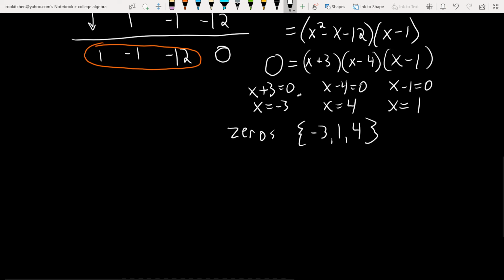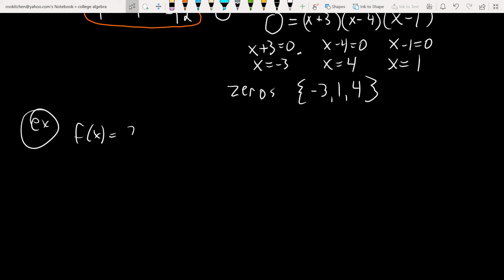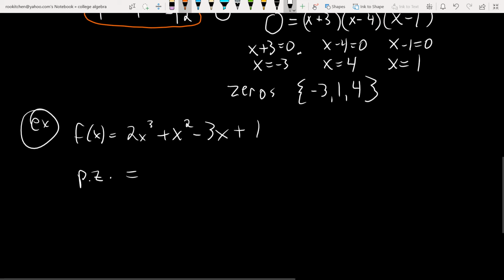Okay, let's try some more examples, or at least one example here. So f of x equals 2x cubed plus x squared minus 3x plus 1. Okay, so again, the possible zeros: the things that divide into 1 go in the numerator, and the things that divide into 2 go into the denominator.